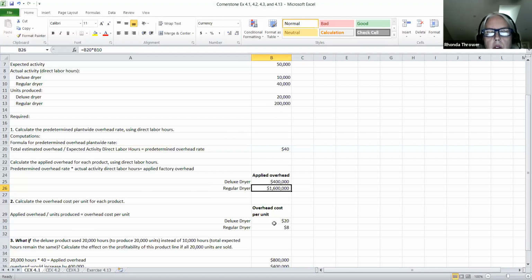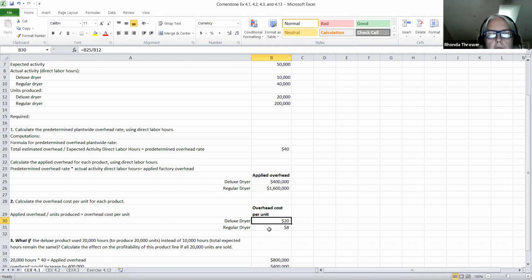So for our deluxe dryer, we got an overhead cost per unit of $20. We did this by taking the applied factory overhead, which was 400,000, and dividing it by the units produced for the deluxe dryer, which was 20,000 units. So that gives us an overhead cost per unit of $20 for the deluxe dryer.